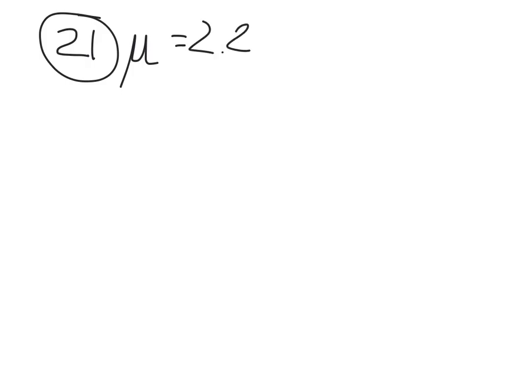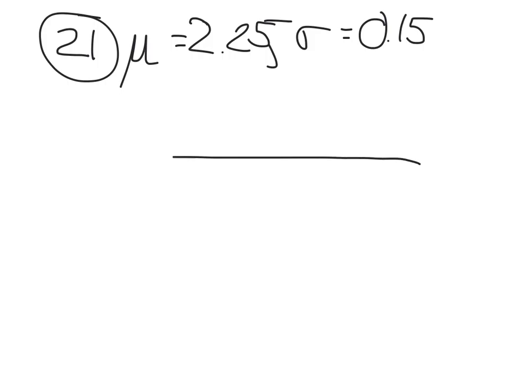So on problem 21, we have mean mu of 2.25. We have sigma of 0.15. Now in this one, we're looking for the 77th percentile that contains a certain amount.